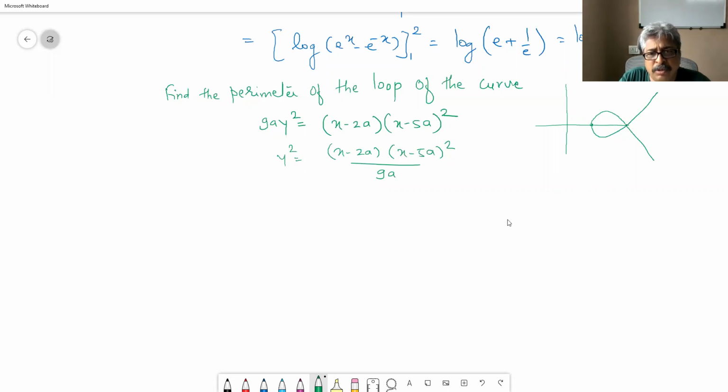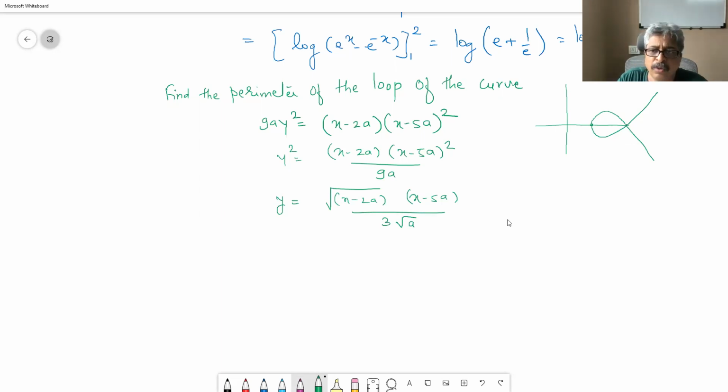now x cannot be to the left of 2a, otherwise it will be negative y square, we will have a problem. So y is equal to x minus 2a root x minus 5a upon 3 root a. Now, there are two, plus or minus I have to write. So either it is this curve you are talking about.